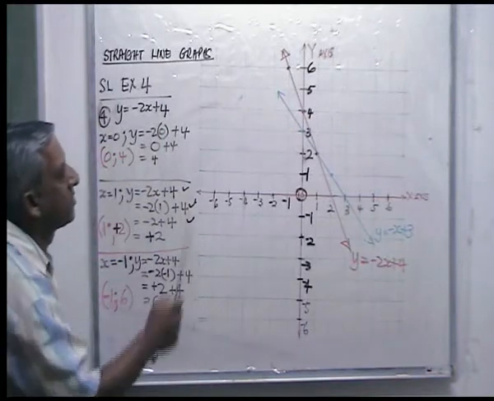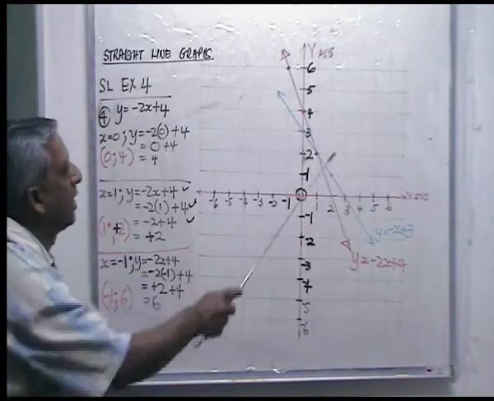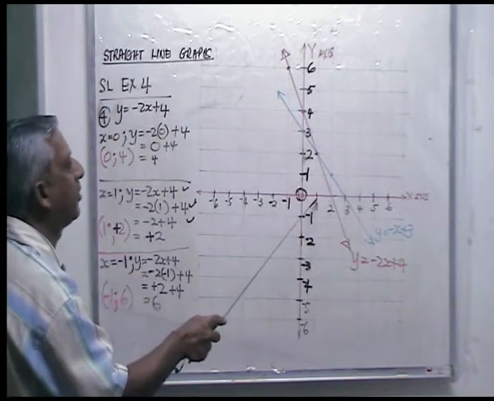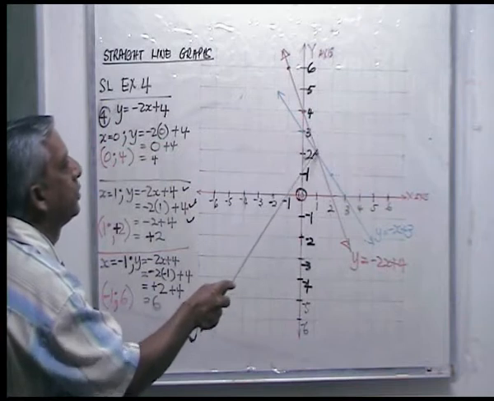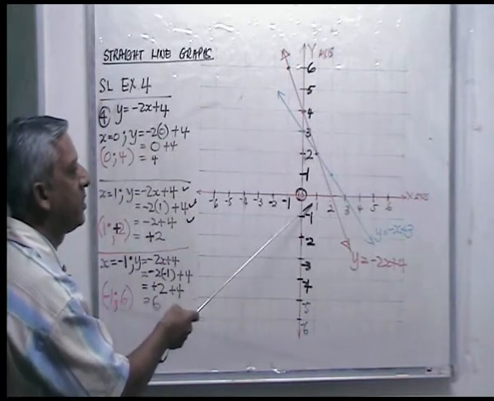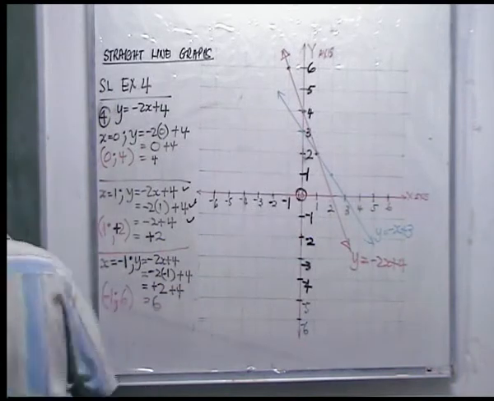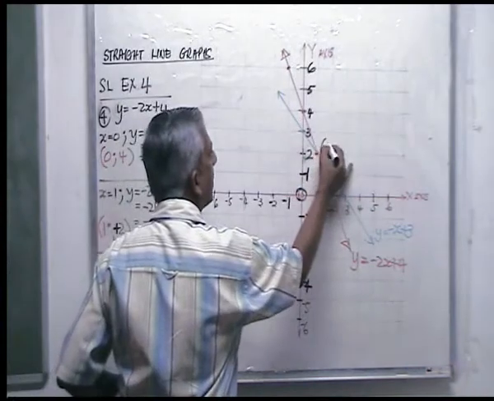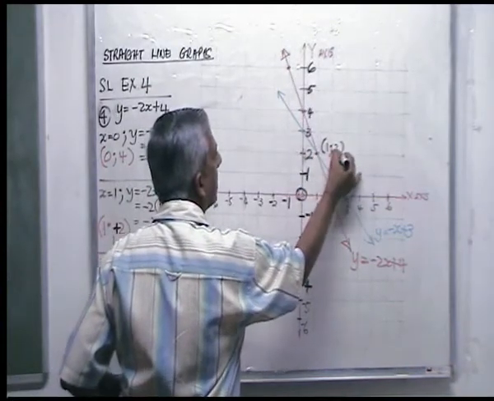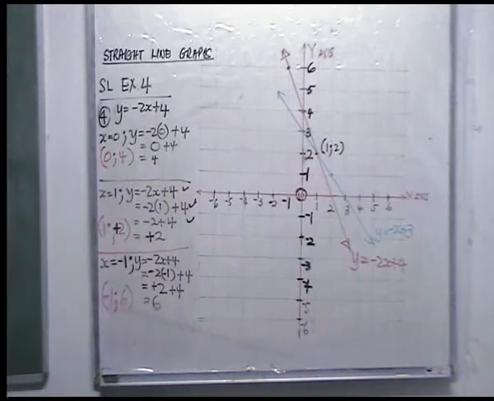Remember, I have to say 1, 2, because x must be said first, then y. So these two lines are actually intersecting at the point 1, 2, this point here. Right, so that's a nice little observation to make in this particular example.